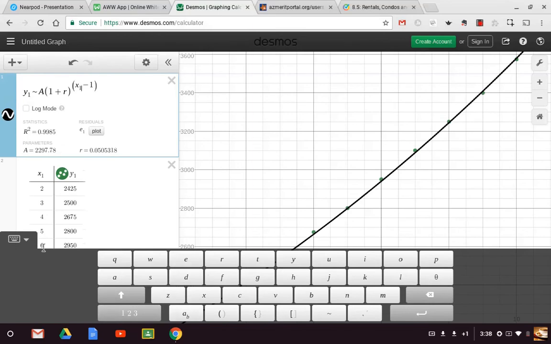Now it spits out for me the A value and the R value that I want to use to make my equation. Those are the two parts we're going to use, A being our first monthly payment. Here the first monthly payment was $2,297.78, and the rate, to 2 decimal places, was 5.05%. Let's fill that into our equation.